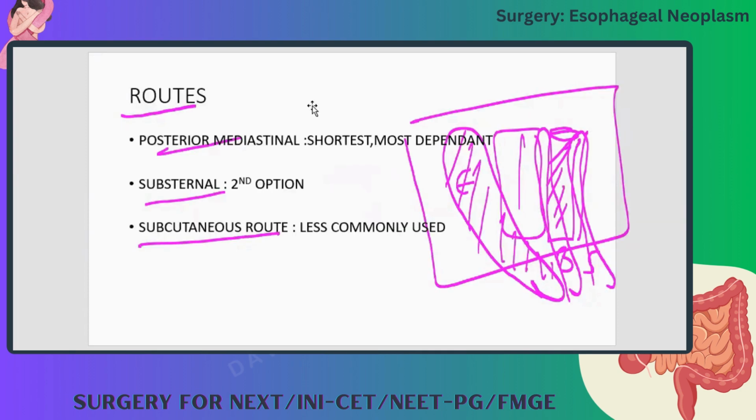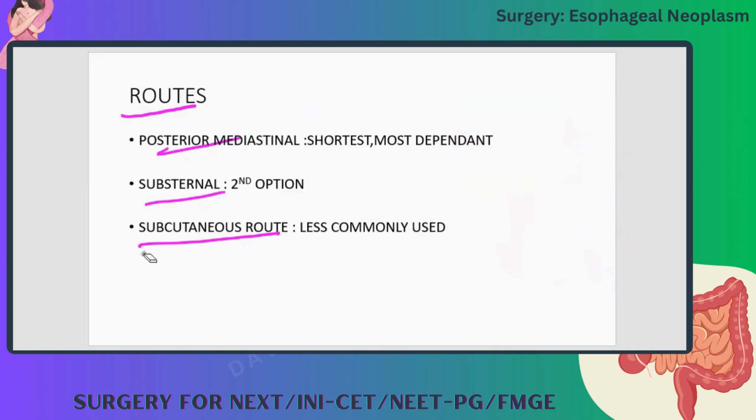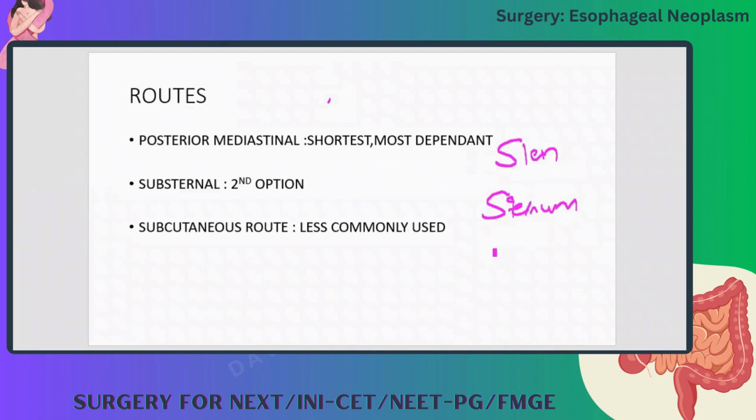Can you explain the picture once again? See, normally, first there is skin, beneath the skin there is the sternum, then the heart, then the esophagus, and the mediastinum.